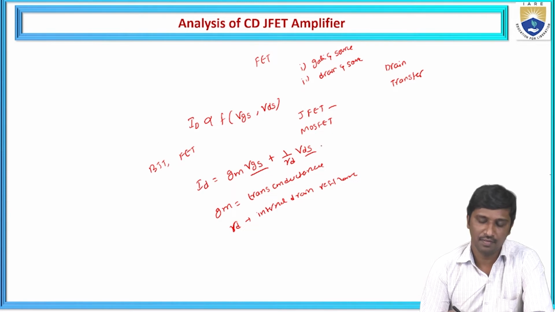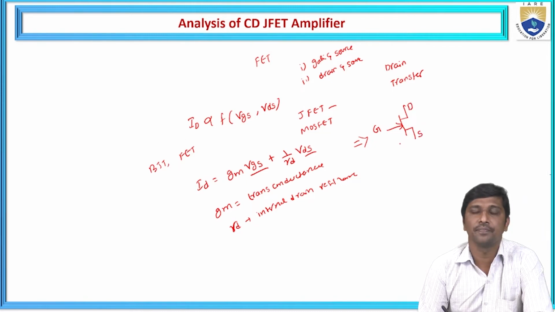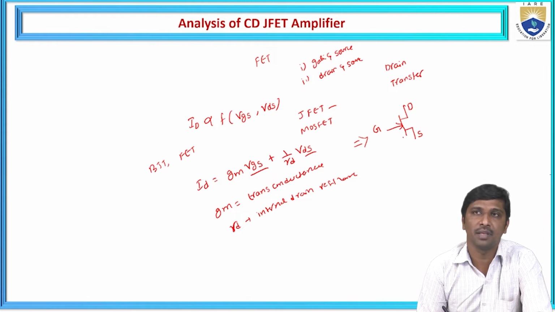From this, we draw that the JFET is simply replaced by the small signal model. If you recall the JFET, let me consider the N-channel JFET. The FET contains three terminals: one is gate, another one is drain, another one is source. In most cases, if you consider the bipolar junction transistor and want to use it as an amplifier, the best suitable configuration is common emitter.